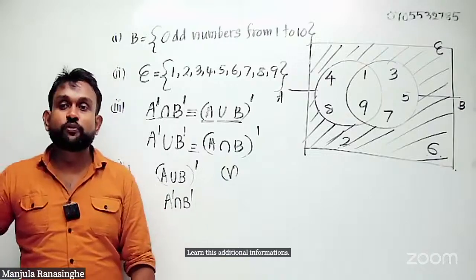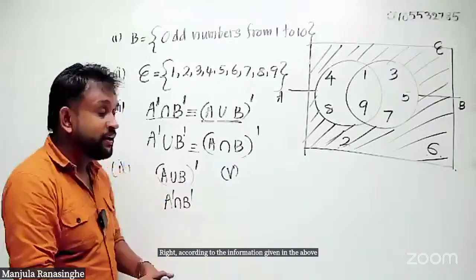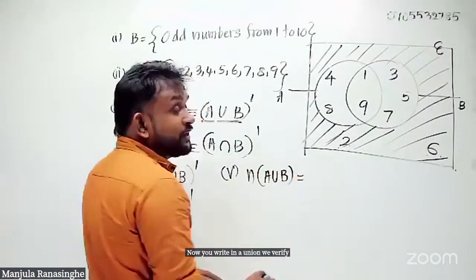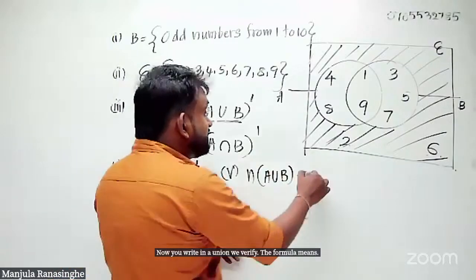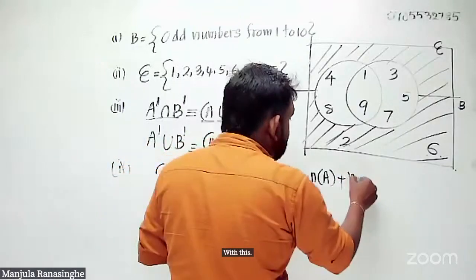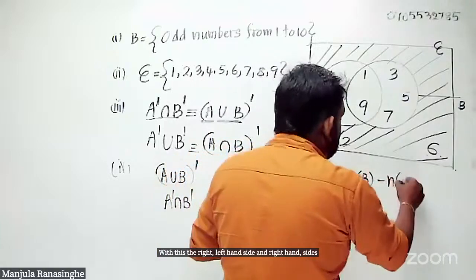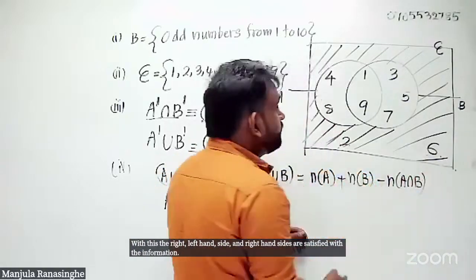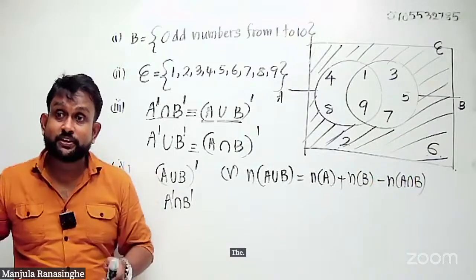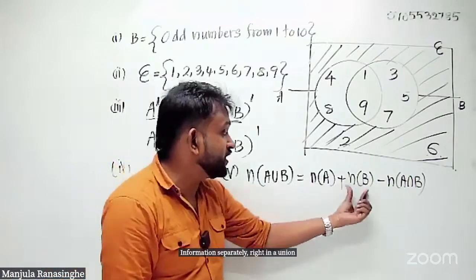Right, according to the information given in the above Venn diagram, verify the formula. Now you write n of A union B. Verify the formula means we have to show that the left hand side and the right hand side are satisfied with the information of this set. Now we will first write down the information separately: in A union B how much, in A how much, in B how much.